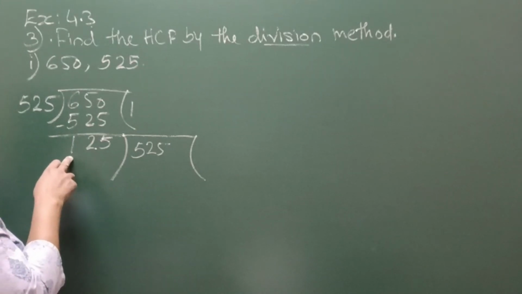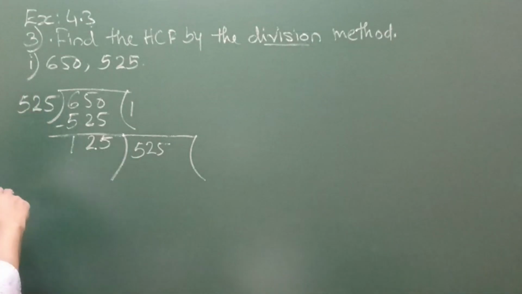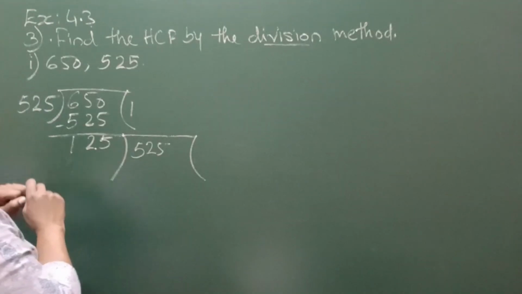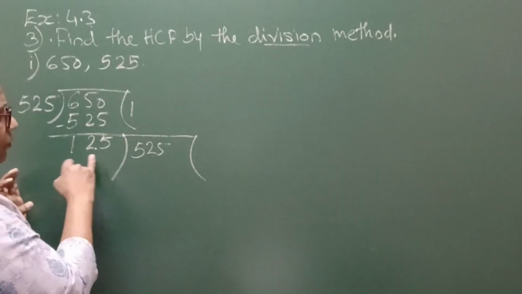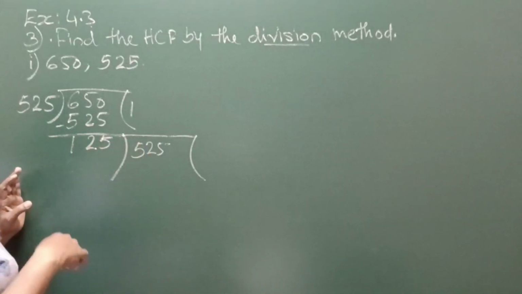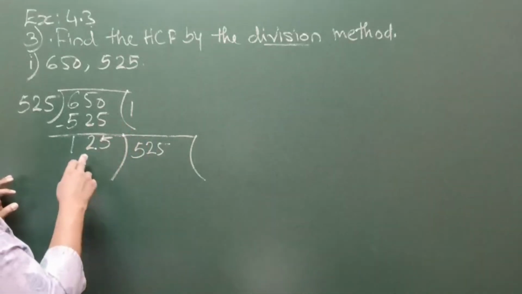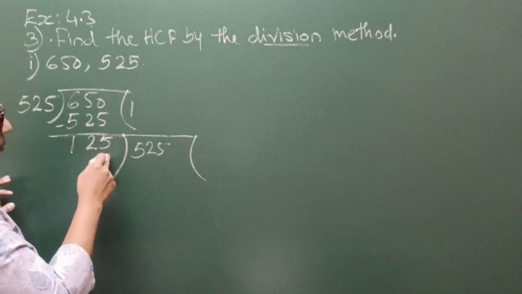In the hundreds place, 1 is there, and here 5. So it is easy for you to find. But here you have to see this is above 100, so we take one number less. 1 5 is 5, but one number less because it is above 100.